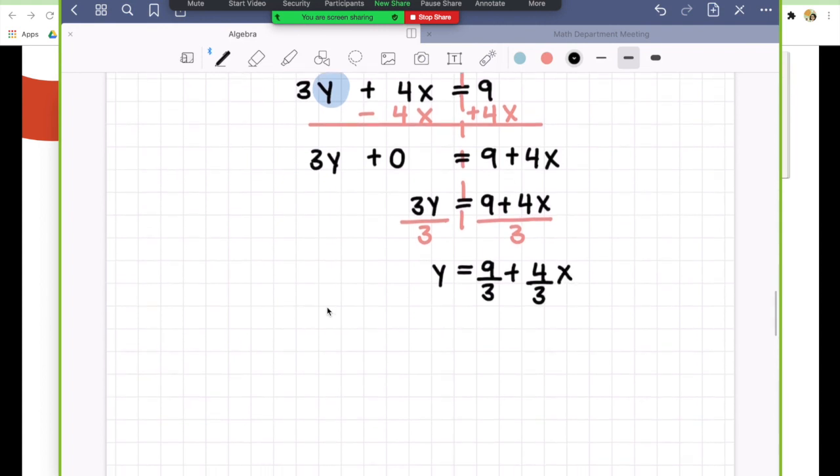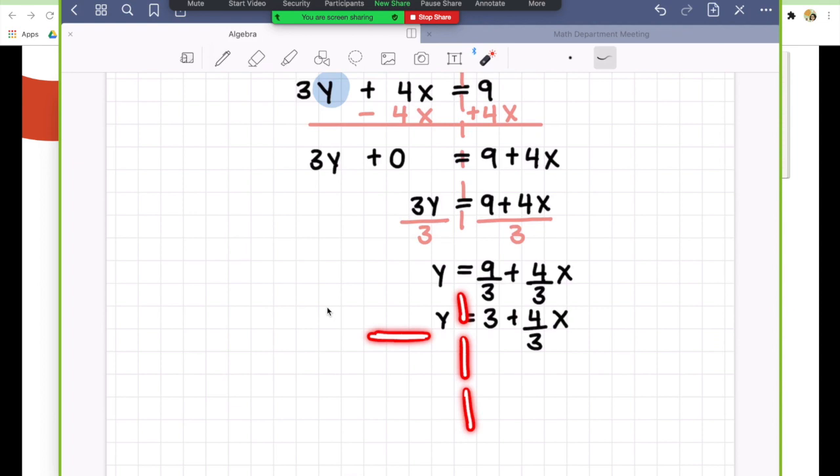So I get as my answer y equals 3 plus 4 over 3x. Now that I have isolated the y, there's nothing on the same side of that y that I need to move, so this is my answer.